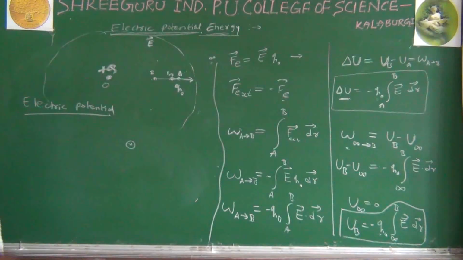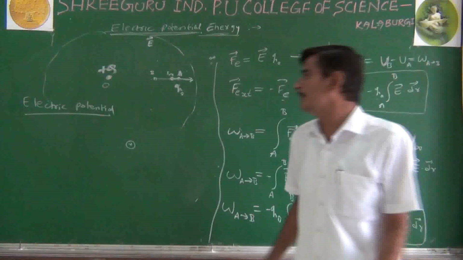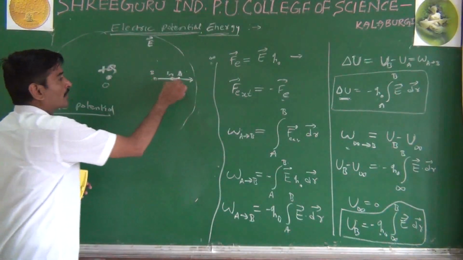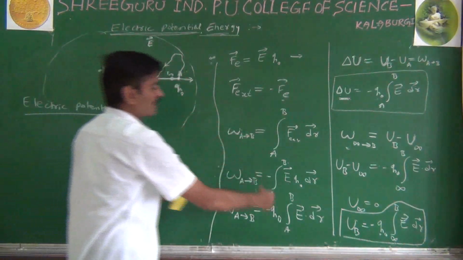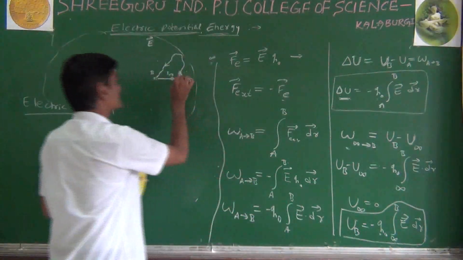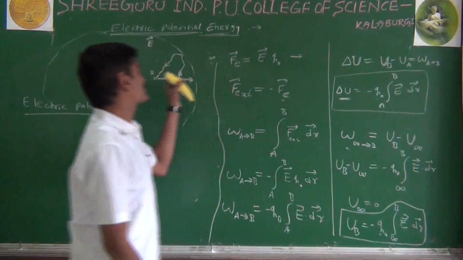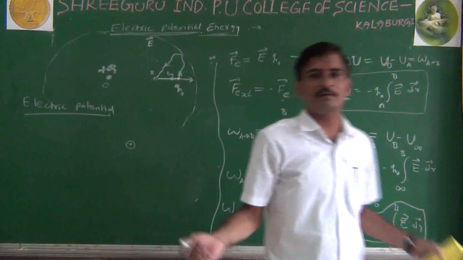That work done does not depend upon the path followed. We have taken A to B directly, but if you take the A to B path like this, the work done in moving the charge from A to B will come out the same, because the electrostatic force is conservative.